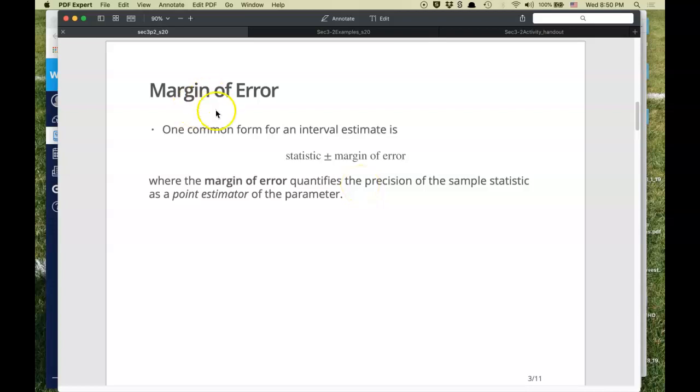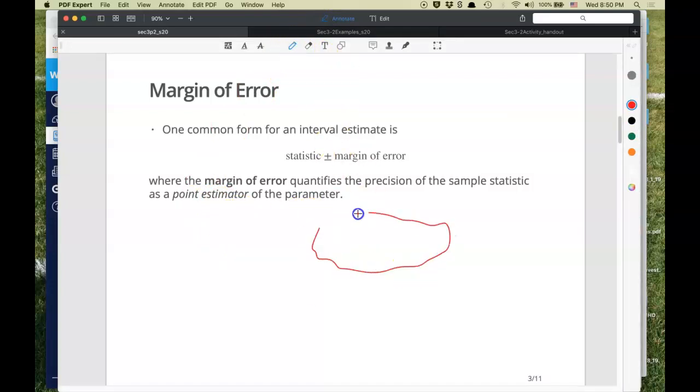So again, the picture that we want to continue to have in our mind's eye is that of a population. And there's some parameter, let's say it's a proportion p. We have a sample p hat. And then we want to make inference from the sample back to the population.